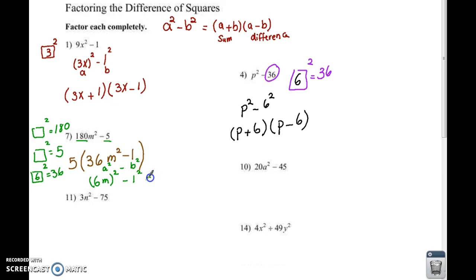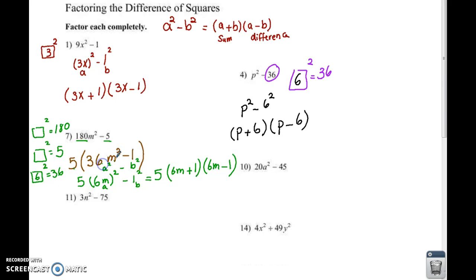Let's factor it out. Don't forget your 5. You have the 5 times a squared minus b squared. So we'll have the first base is 6m plus 1 times 6m minus 1. So again, we factor the 5.